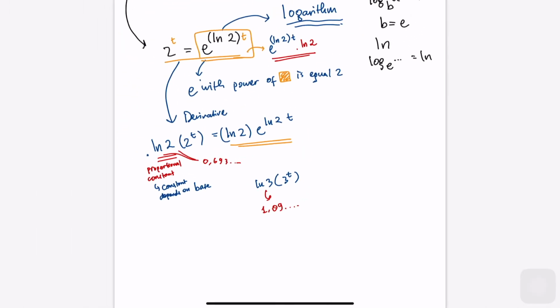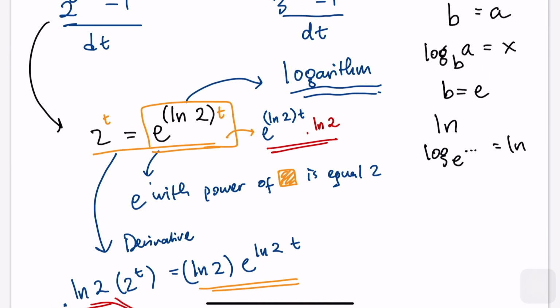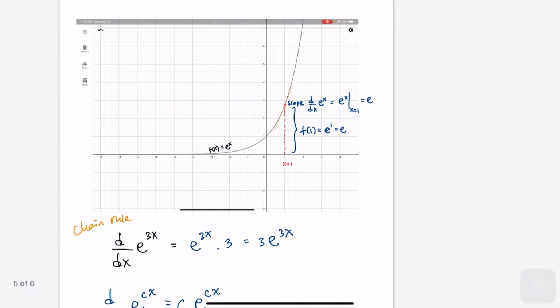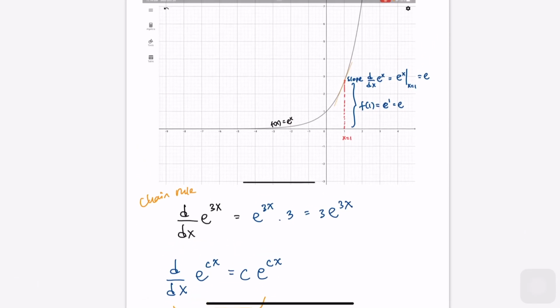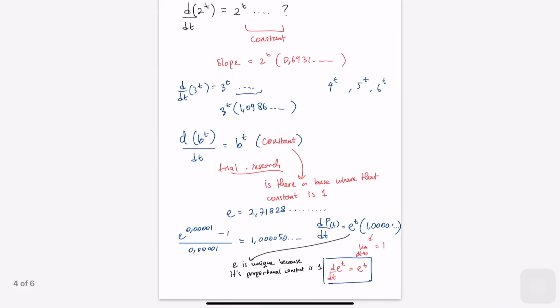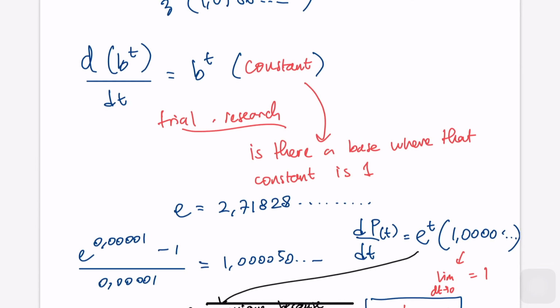So you can prove it using a formula you're familiar with, like in logarithms, or by trying some values here and then discovering that e is actually this number.